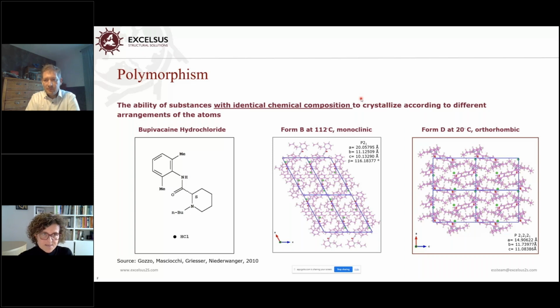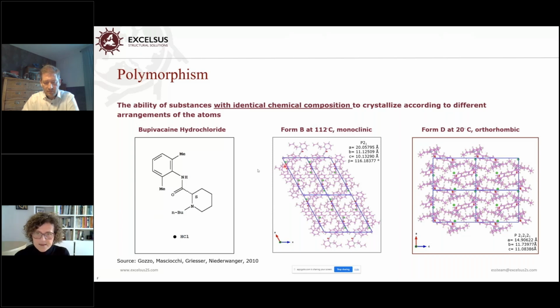So this is what is called polymorphism of substances, which is a very important topic in pharmaceutical science, which is the ability of substances with identical chemical composition. In the case of pharmaceuticals, the identical molecular structure can crystallize according to different arrangements of the atoms.